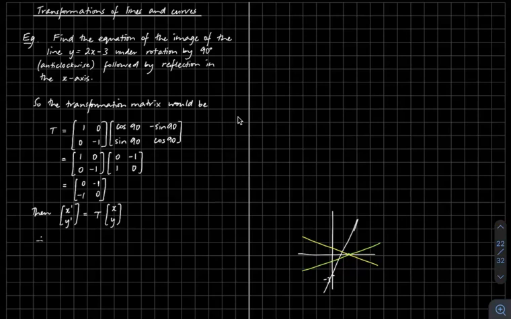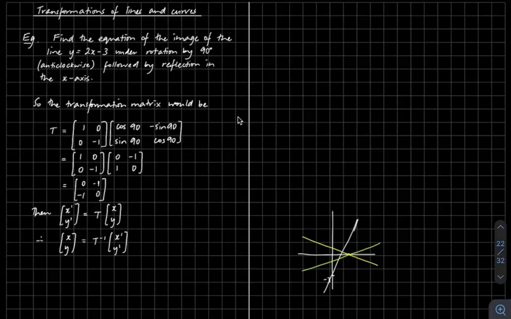Now we don't have to do this next step, but the more complex these become, it's going to be useful to do it this way, which is to remember that we can write the points x, y in terms of the inverse transformation.